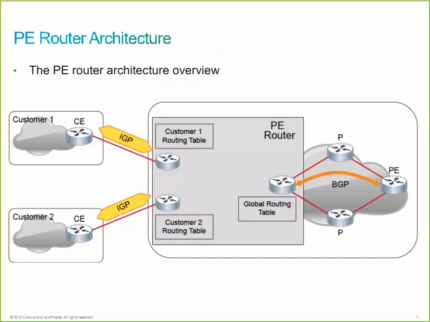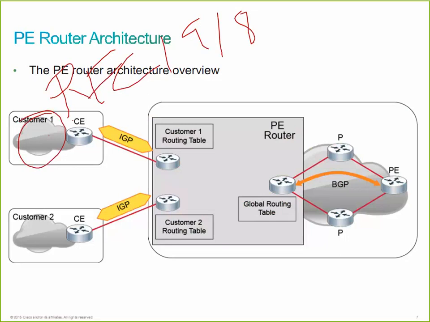The challenge that we have, in addition to servicing these clients individually, is that we may be servicing multiple clients at the same time. And if I've got customer 1 here, and they're using some sort of RFC 1918 addresses in their environment, and then I've got customer 2 also utilizing RFC 1918 addresses, which is very common.